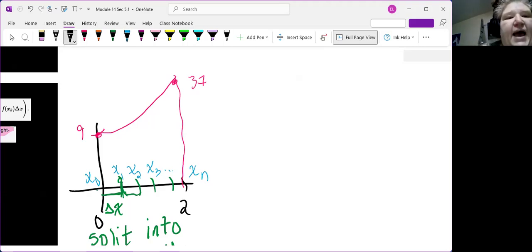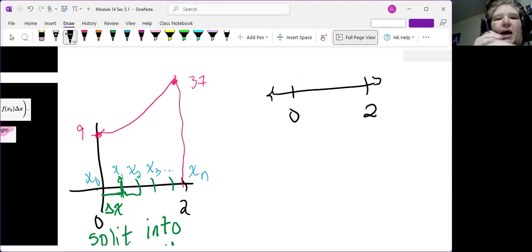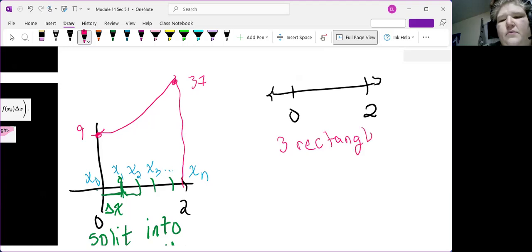So when I look at 0 to 2, and I want to split it into 3 rectangles, then I have my 0, 1, 2, 3 marks, makes my 3 rectangles.